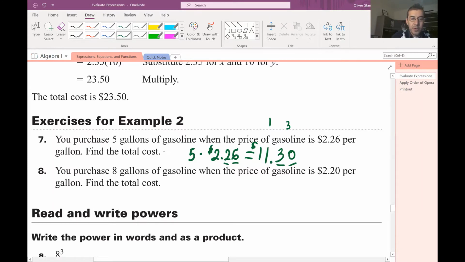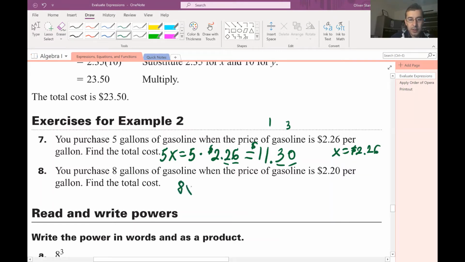So the expression would be 5x, okay, where x is the price, $2.26 per gallon. Right. Number 8, you purchase 8 gallons of gasoline when the price is 2.20. What's the total cost? So it's the same thing.